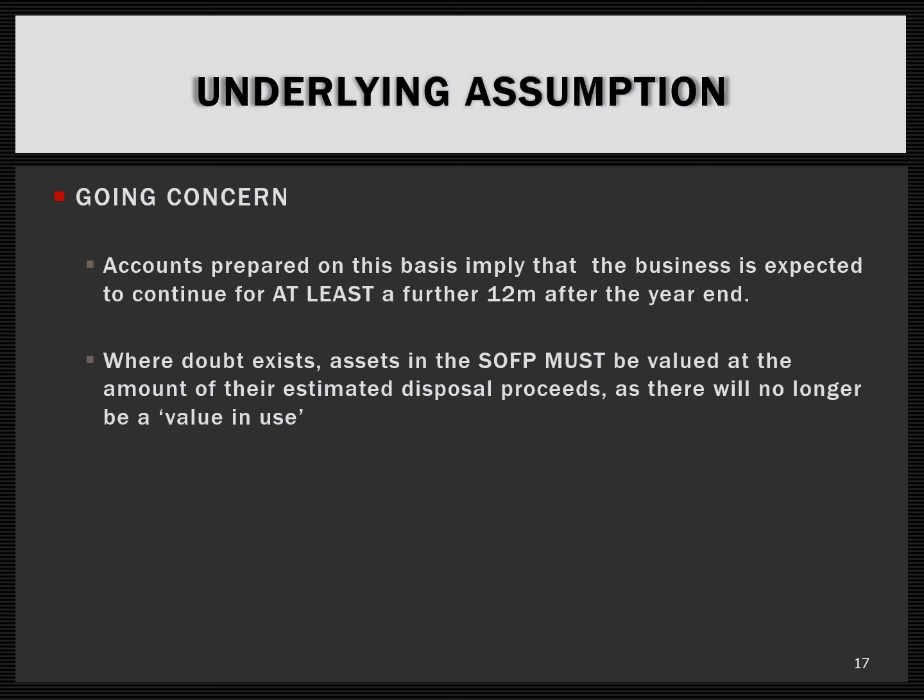If there's any doubt about the ability of the company to continue because it's making losses or because its liabilities exceed its assets, then the statement of financial position must be prepared on a different basis, and all of the assets must then be shown at their estimated disposal proceeds, because there will no longer be a value in use if the business is going to discontinue.